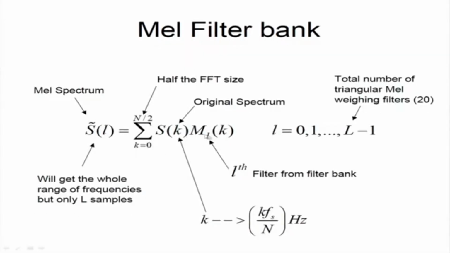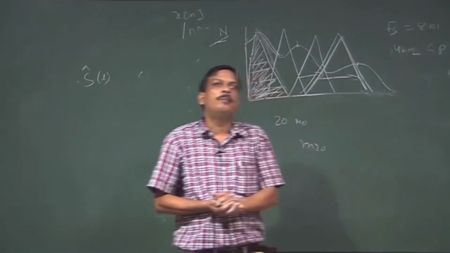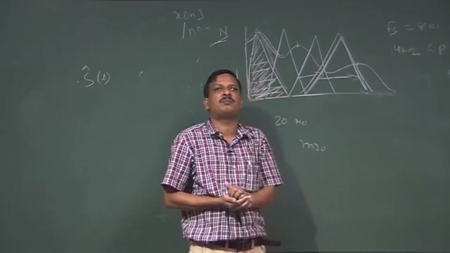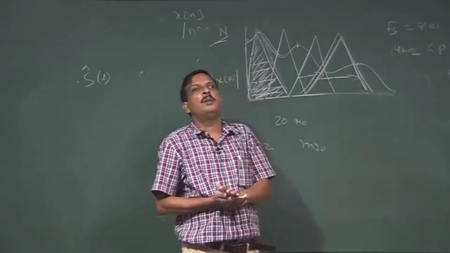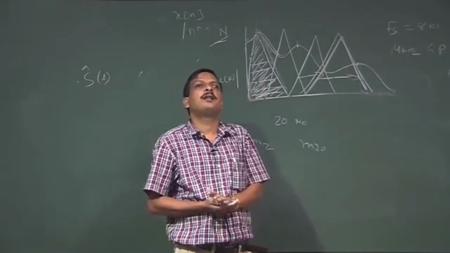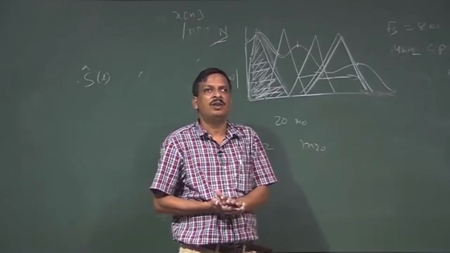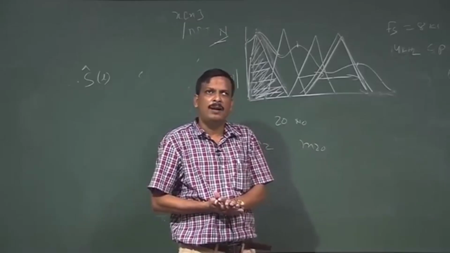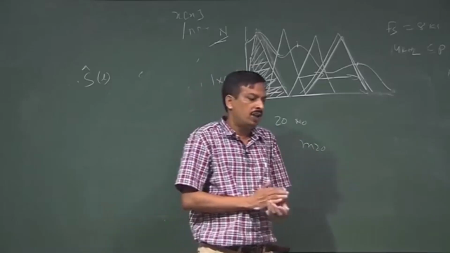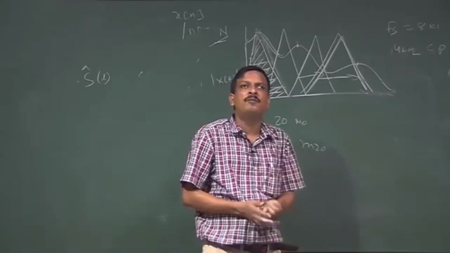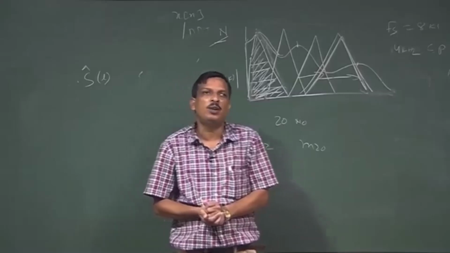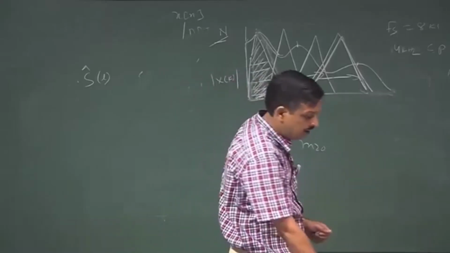Over the mel filter, I calculate the mel spectrum, and once the cepstral coefficient is analyzed based on the mel spectrum, it is called the mel frequency cepstral coefficient, MFCC. Okay? Have you understood? That is why it is called MFCC, mel frequency cepstral coefficient.